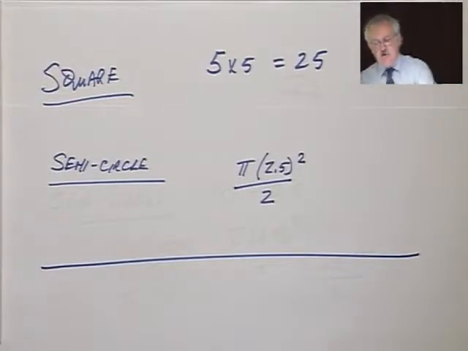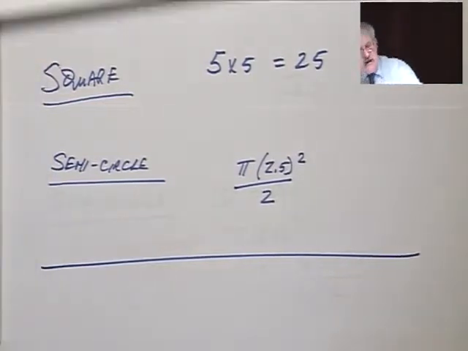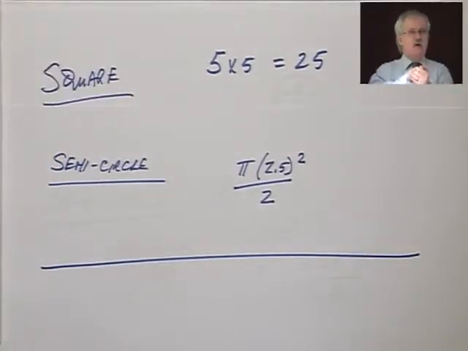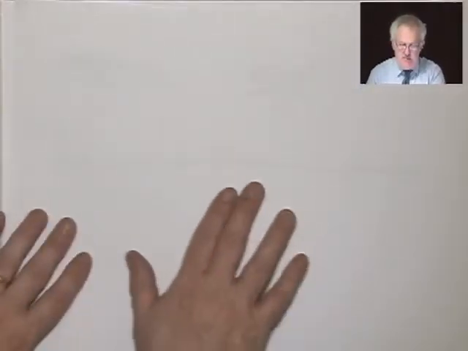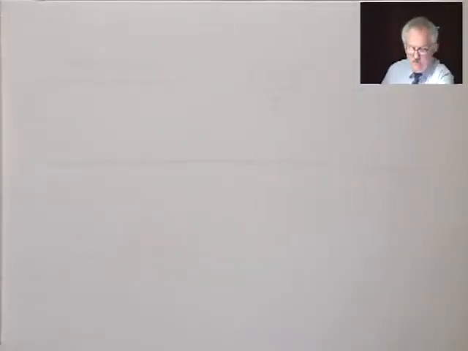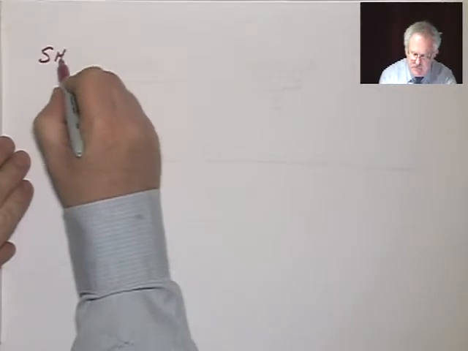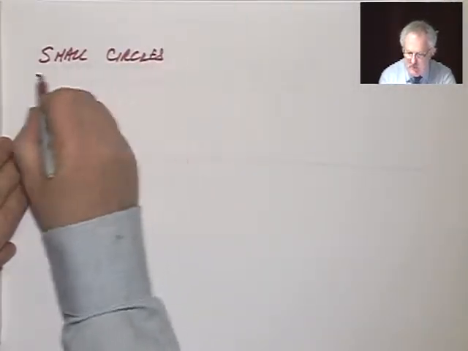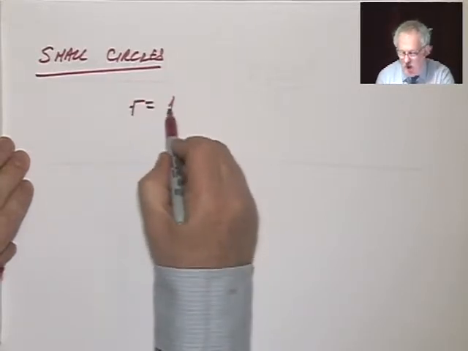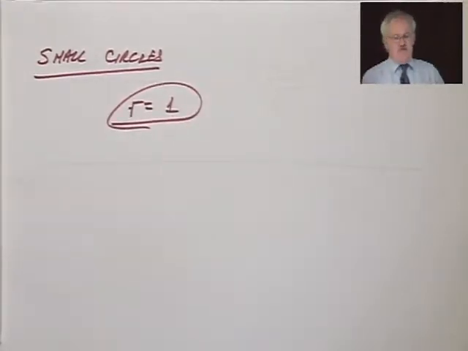Now we're going to turn to the second part, which is to get small circles of radius 1. So what I want you to do now is work out the area of the small circles, r equals 1. What's the area of one of those?